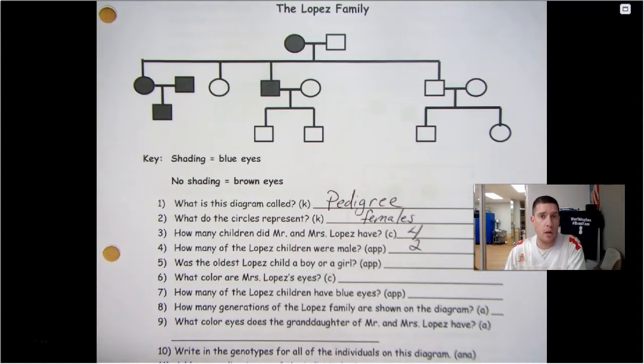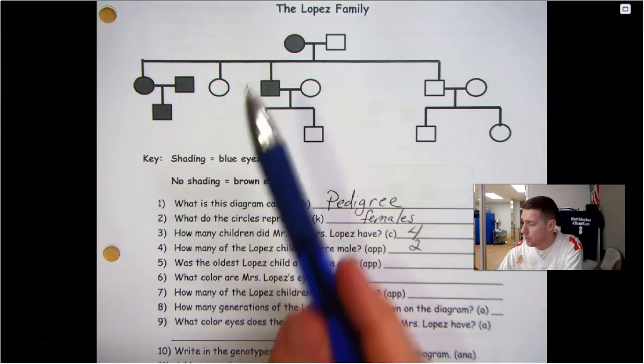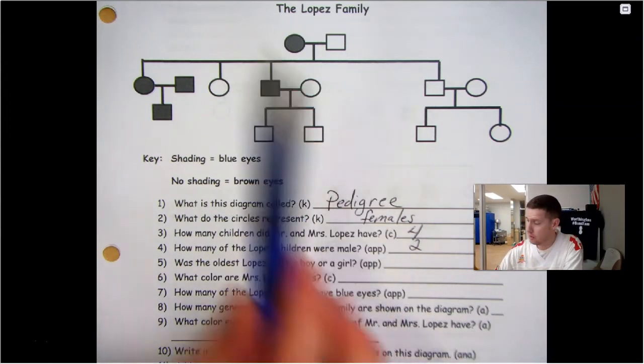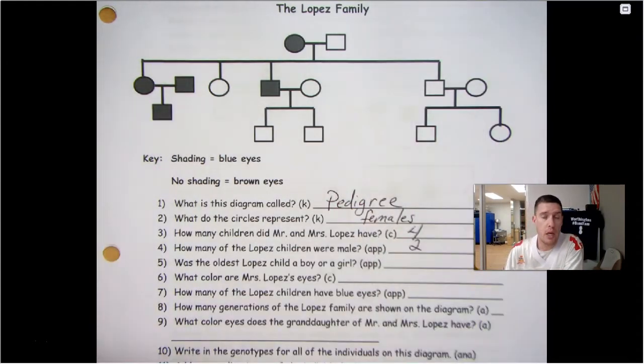Was the oldest Lopez child a boy or a girl? Well, to know the answer to this question, you first have to know how to read a pedigree in this way. When you're talking about birth order, that is something you can get from a pedigree, and you just have to know how to read it. In English and many other languages, we read left to right, and the pedigree is no different.